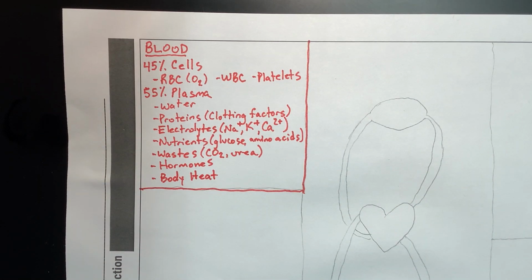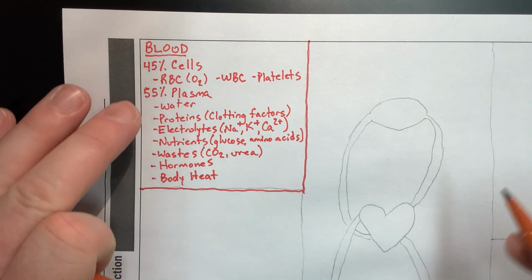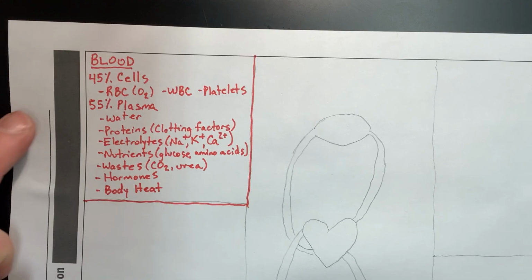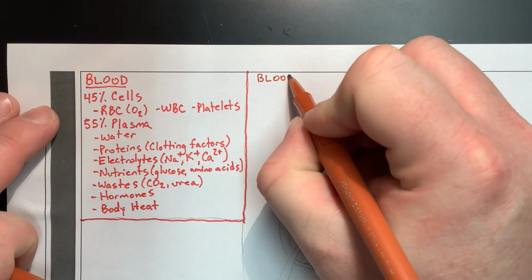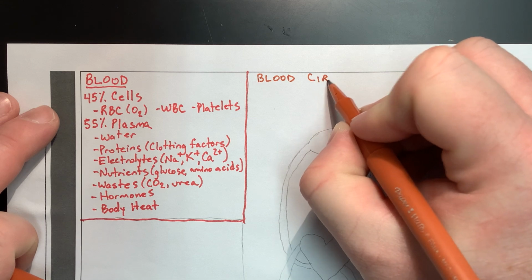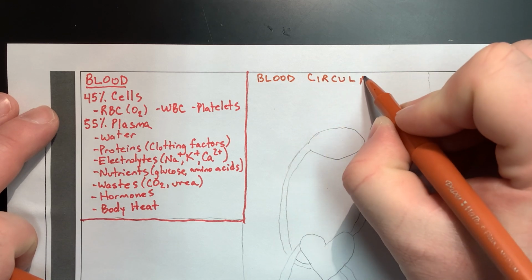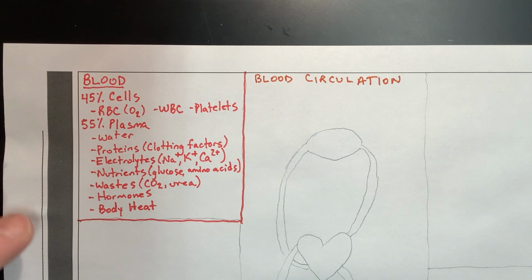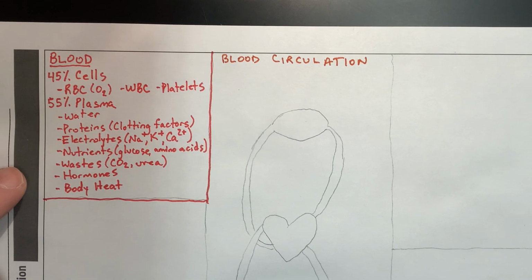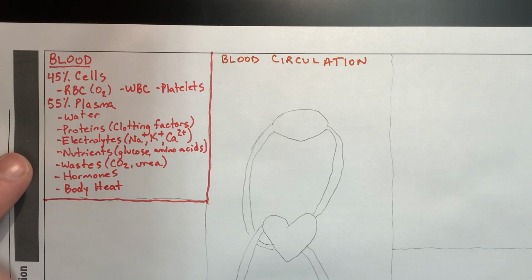Now, when people think about blood, one of the important things that people think about is blood circulation. So let's tackle that in the middle here. Blood circulation. And when your blood circulates around, you can consider that kind of like two circulation loops.